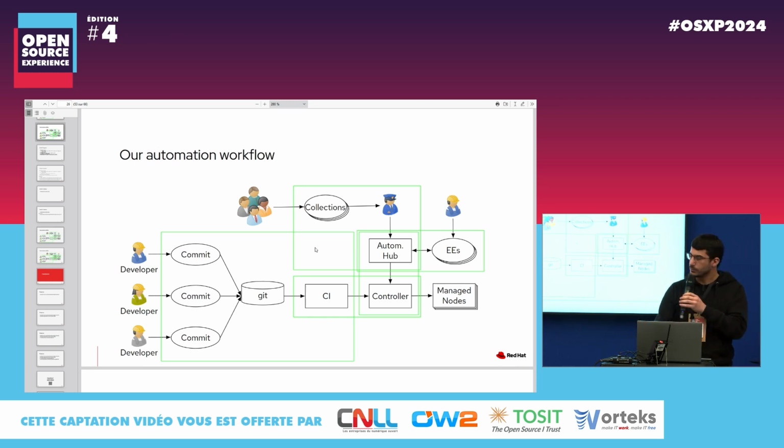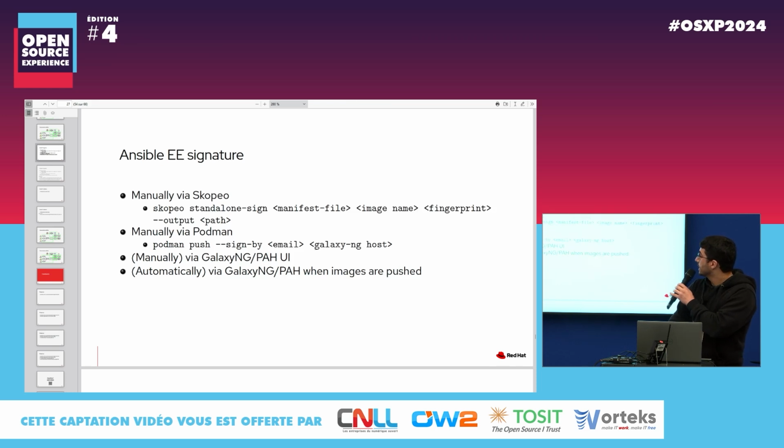Now, it's also important that the execution environments themselves get signed, because if we imported the certified collections there, and then we are not validating that we are re-importing the right execution environment, then we might also have an issue there.